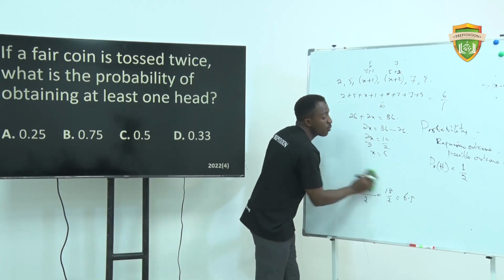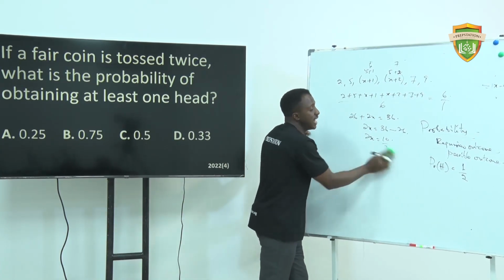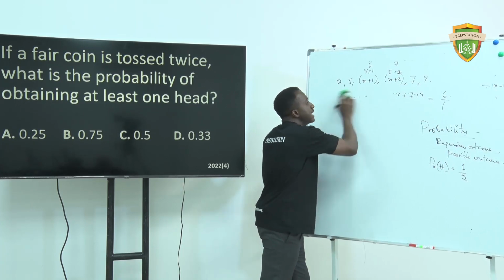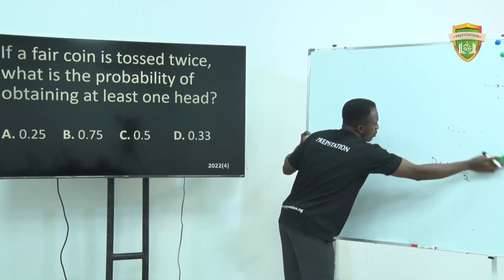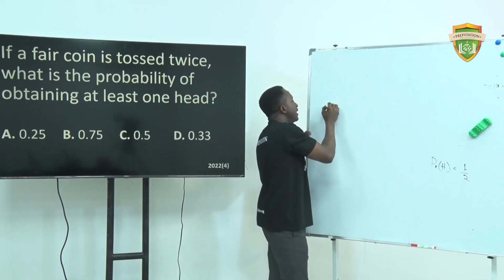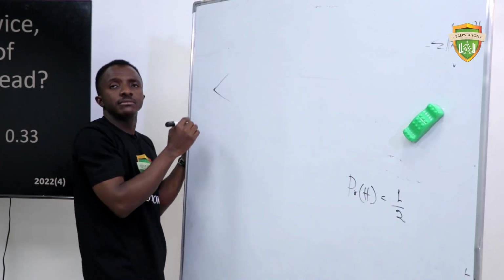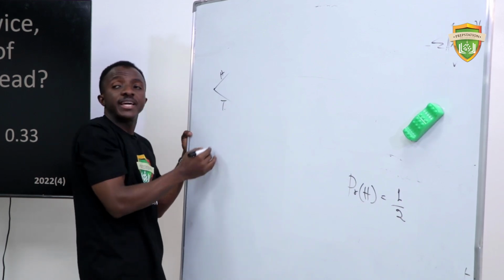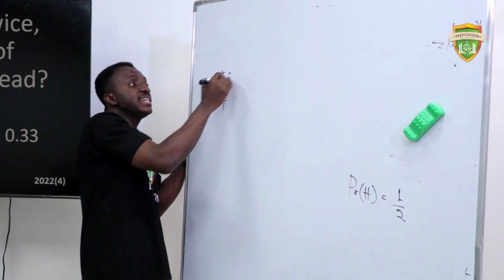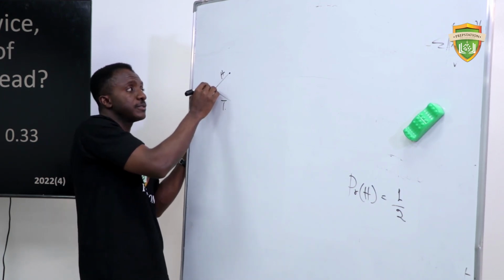So this question requires us to draw what I call a tree diagram. What is called a tree diagram? A tree diagram. Now look at this. It's a very simple question. Now we have a coin. If you toss a coin once, you either get a head or you get a tail. Now this is for the first toss.